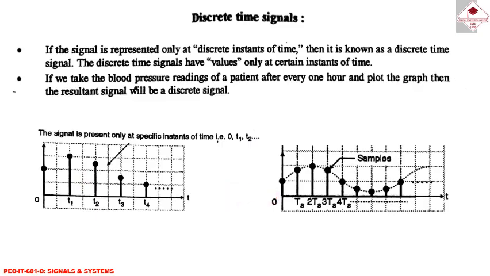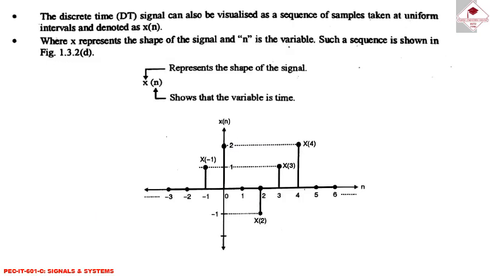A discrete time signal can also be visualized as a sequence of samples taken at uniform intervals, and it is denoted by x[n], where x represents the shape of the signal and n shows the variable is time.